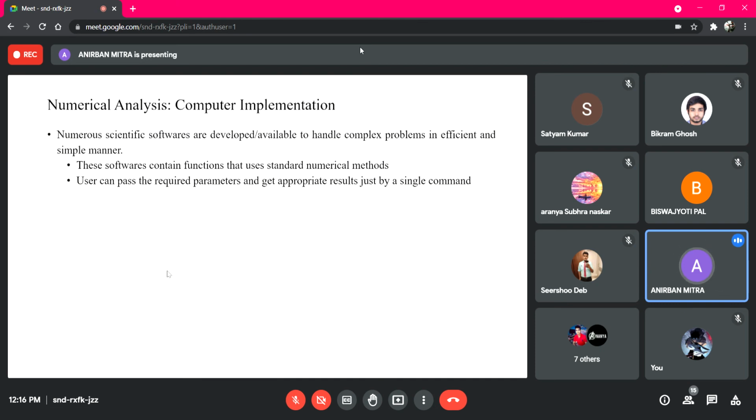MATLAB has a pre-existing routine that computes the inverse of a matrix.